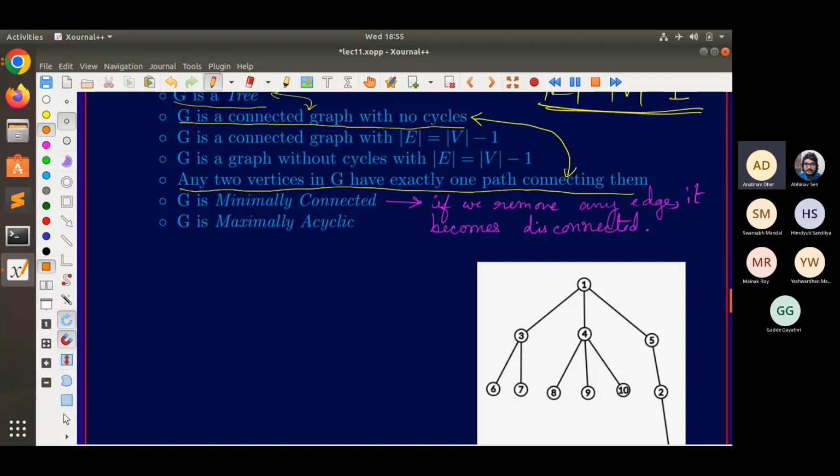Okay, and the final statement is that G is maximally acyclic. Well, again, let's explain what maximally acyclic means.